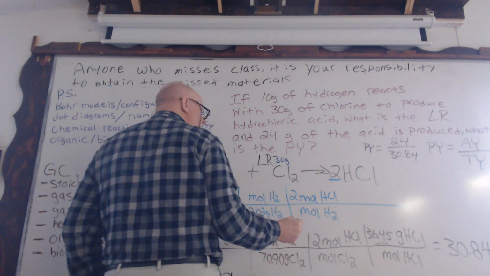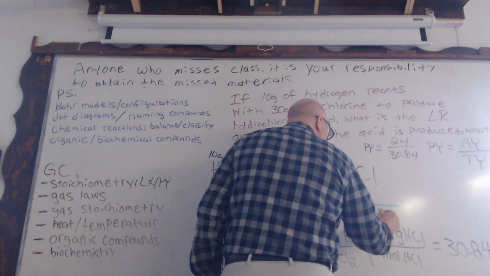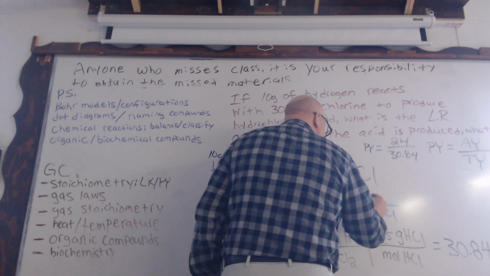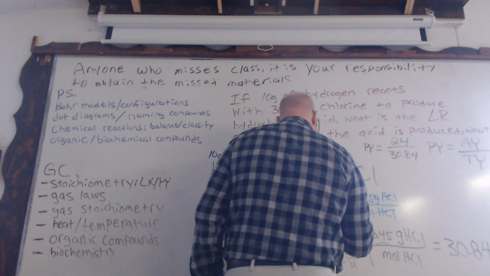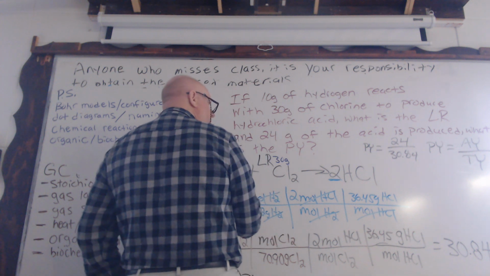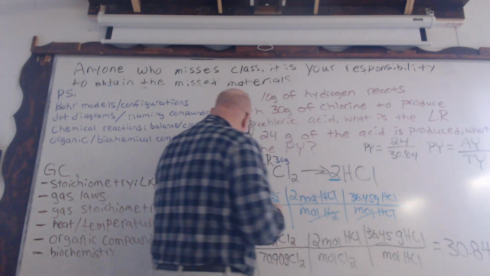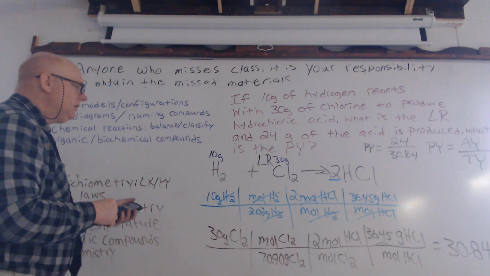That's where that 2 comes from. Then for every mole of HCl, we get 36.45 grams of HCl. And we're in grams of HCl, which is where we want to be.